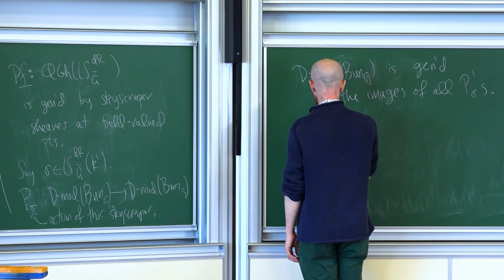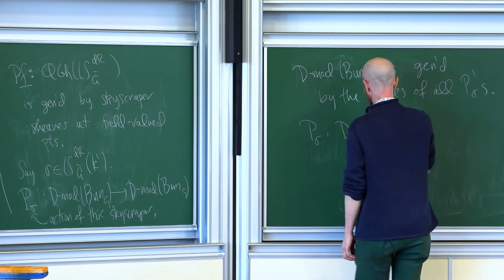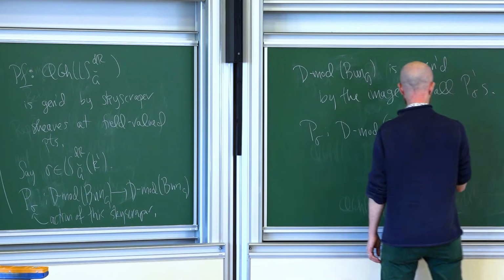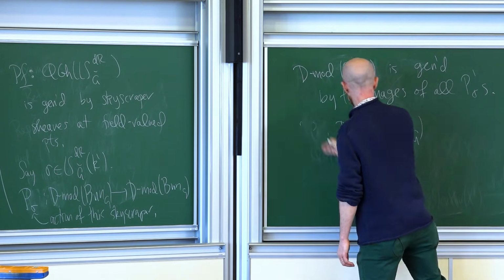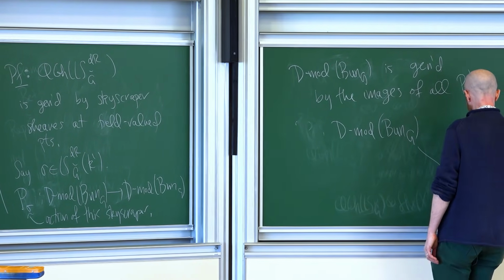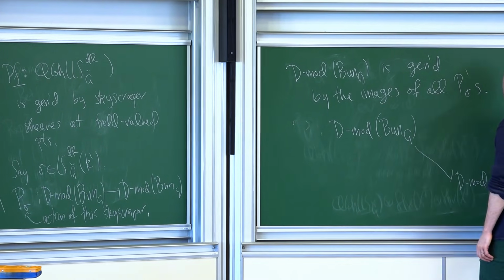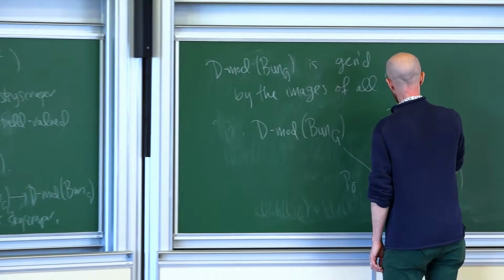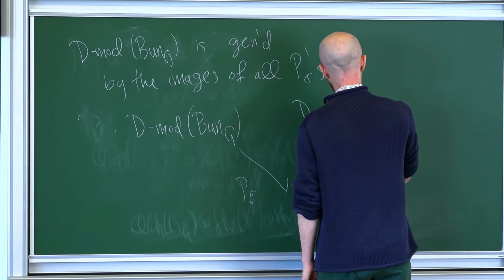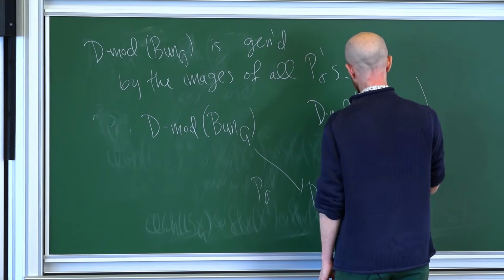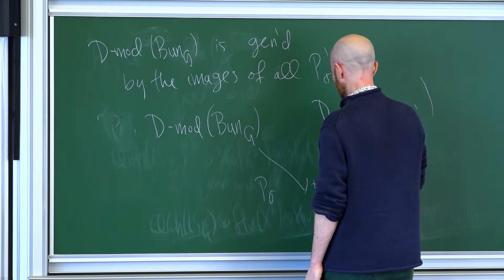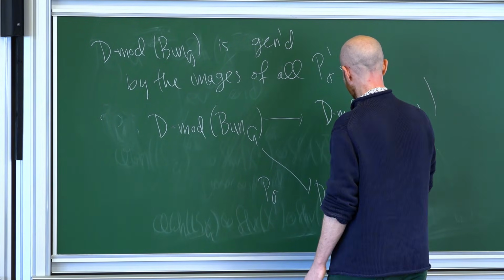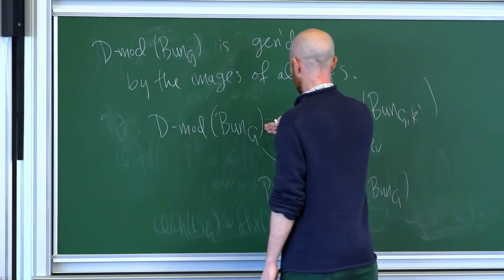But now if I take this p sigma, by design, it was really happening over this k prime. So this is my p sigma. This is my d modules on Bun-G over this k prime. So, this is the forgetful functor.